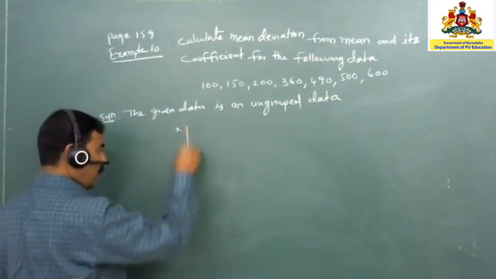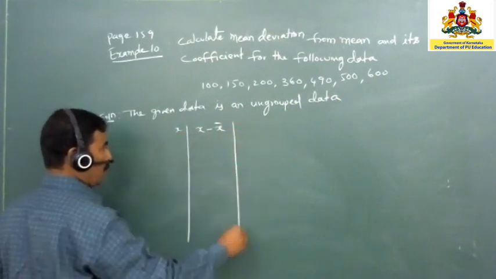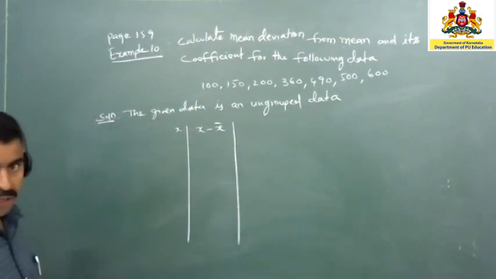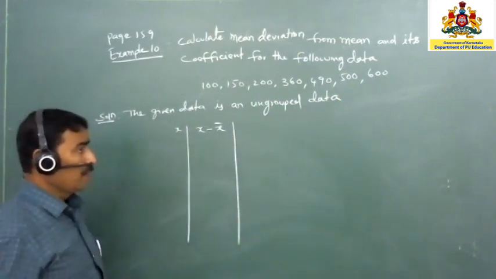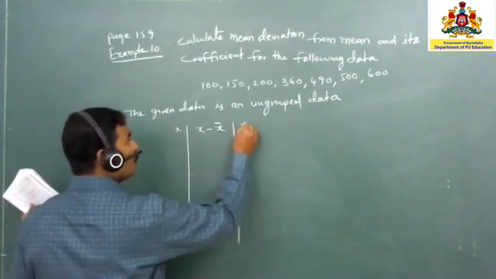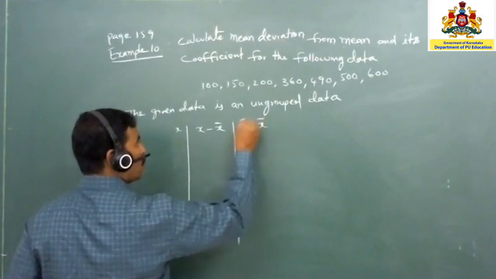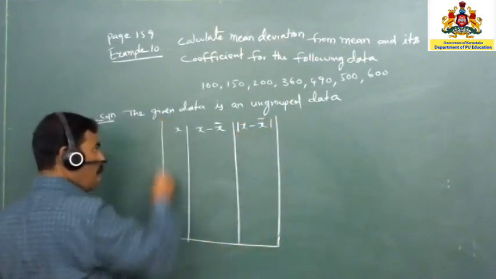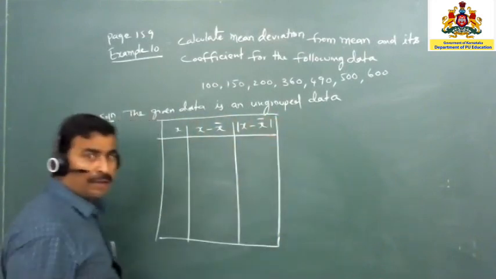First make a table of x and x minus x bar deviations. Two columns are sufficient. From the next sum onwards, maintain only modulus values. Here I took the original signs also only for clarification purposes.